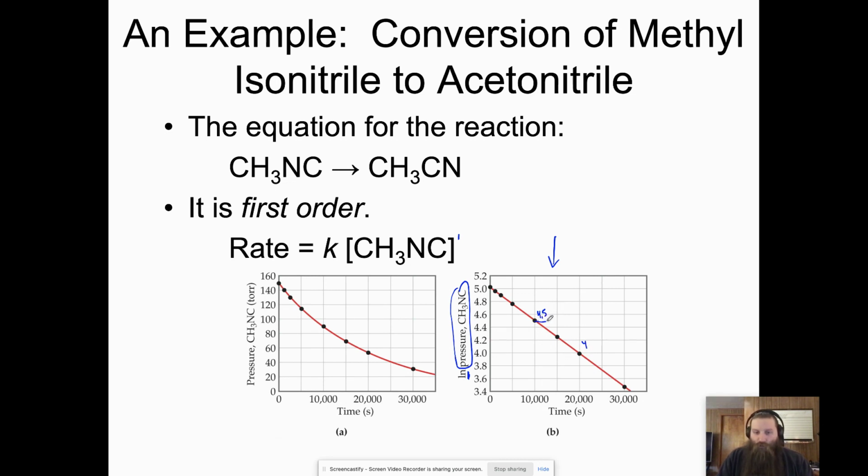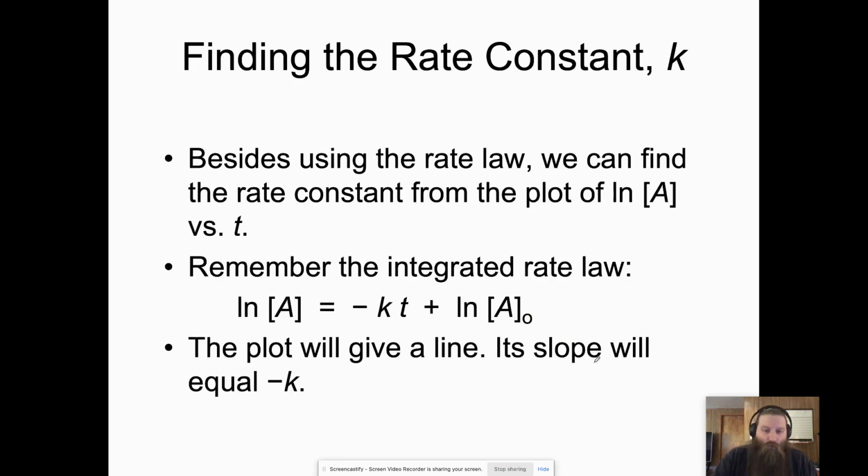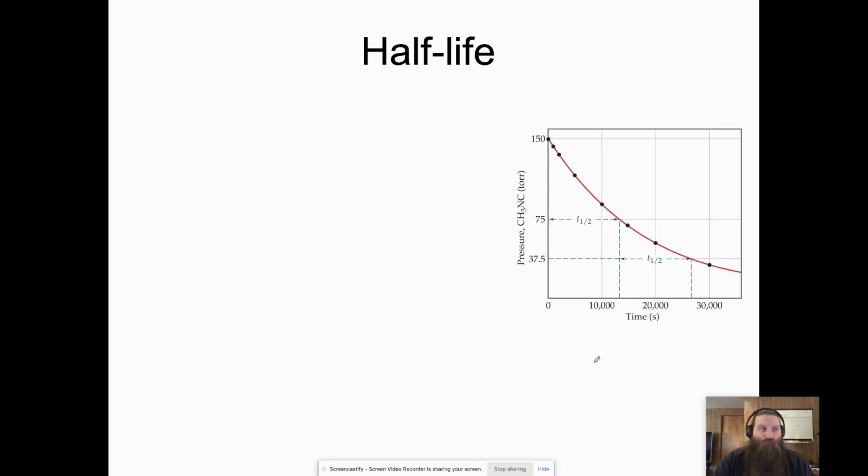If I find the slope of that, the change in the two values, the rise over the run, that will tell us what K is, or at least it will be negative K. So flip around the sign, and you'll have K.